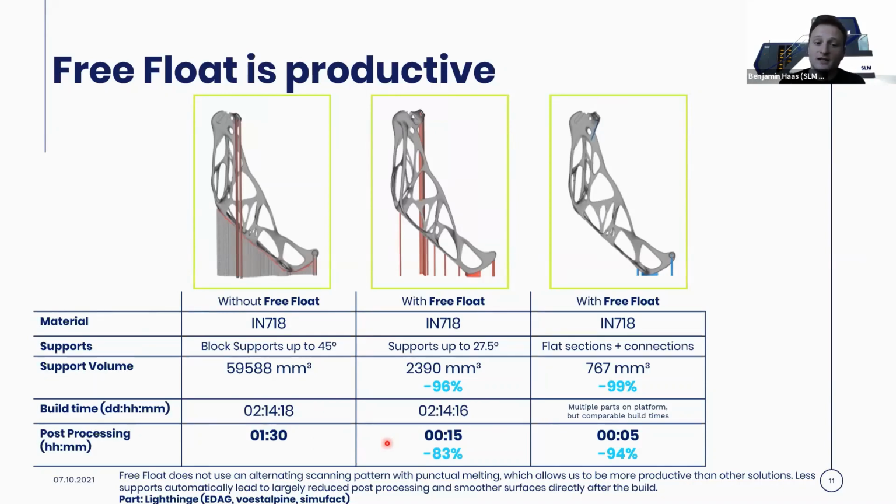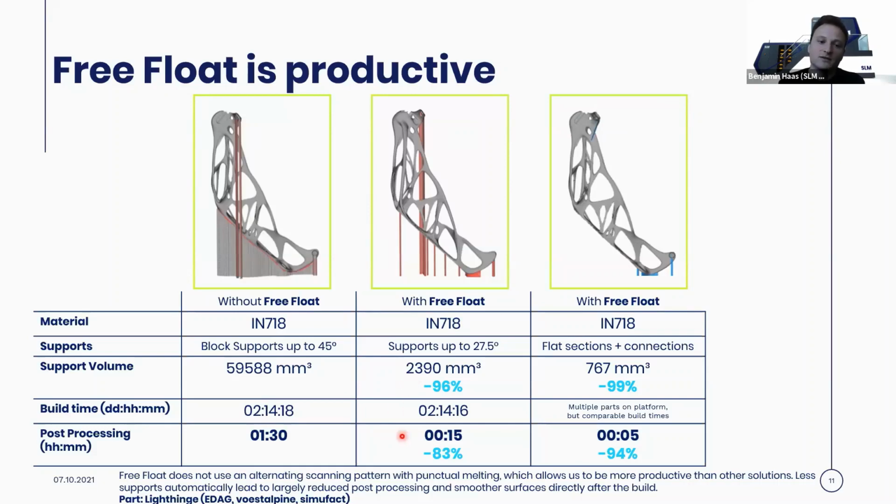So two major savings, of course, one is raw material. And now, of course, it depends a little bit on the scenario that you want to look at. So if it's just a small series production with maybe a few or a dozen parts, all the way to an actual series production with 500,000 or 1 million parts per year, this is basically pure money that you're saving with FreeFloat and without supports, but also post-processing.